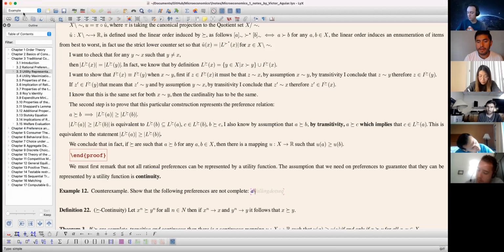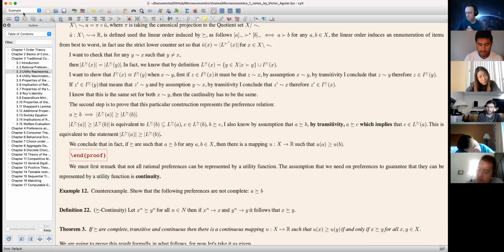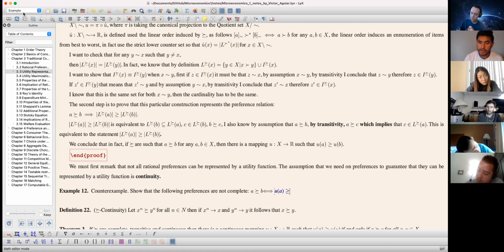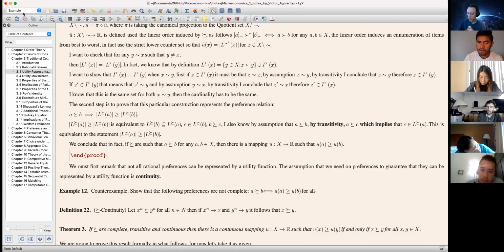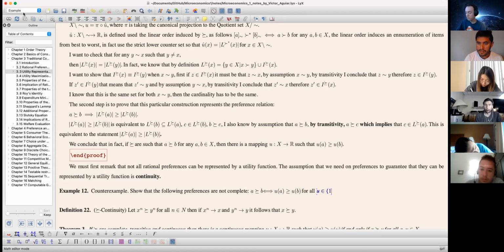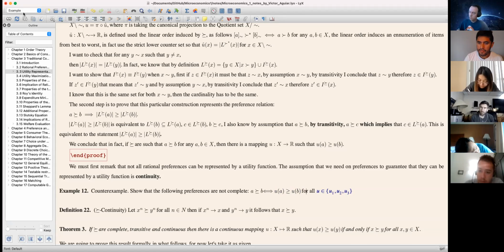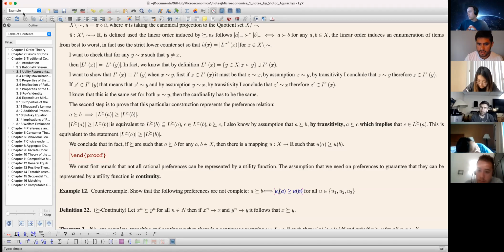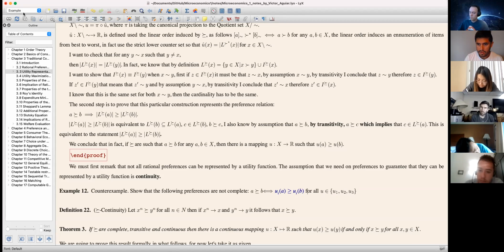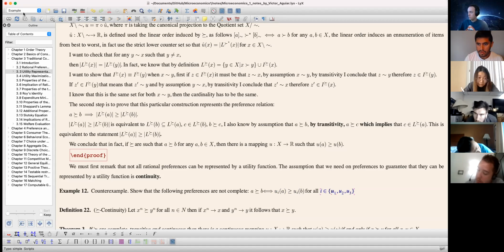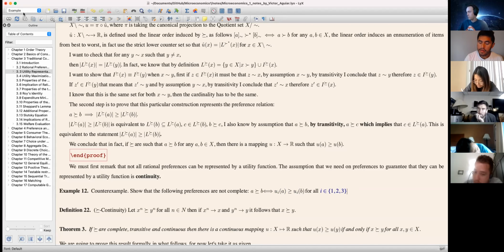Imagine that you have A better than B if and only if utility of A greater than or equal to utility of B for all U in the set. Well, let me do it even nicer, so it's more understandable. Okay.